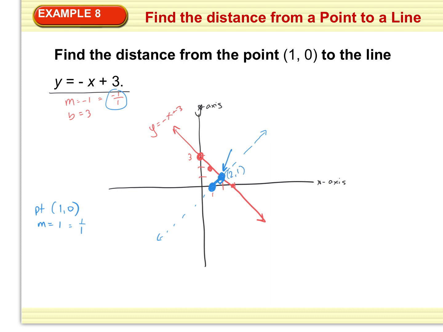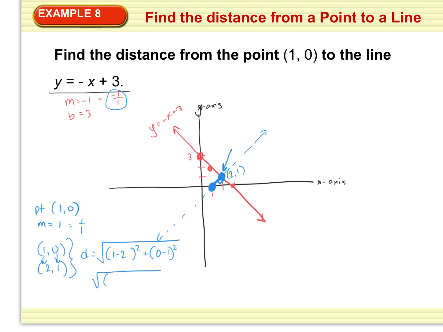And if I had done this on a graph, you would have seen it, okay? So that point right there is (2, 1). So my starting point was (1, 0), and I intersect the red line at (2, 1). And now I'm able to find the distance between those 2 points. Because again, remember the distance is the difference of my x's squared, (1 minus 2) squared, plus the difference of my y's squared.